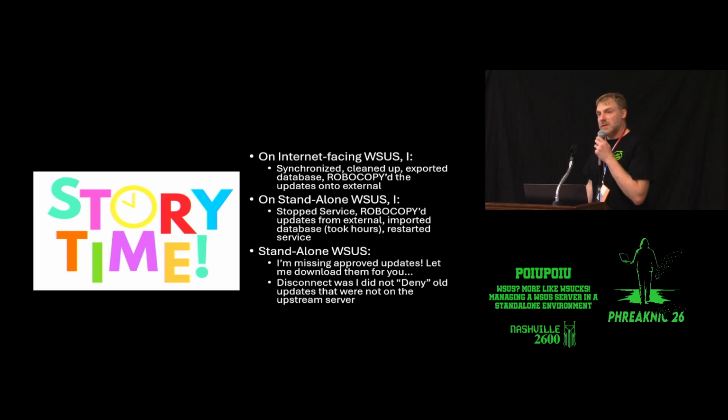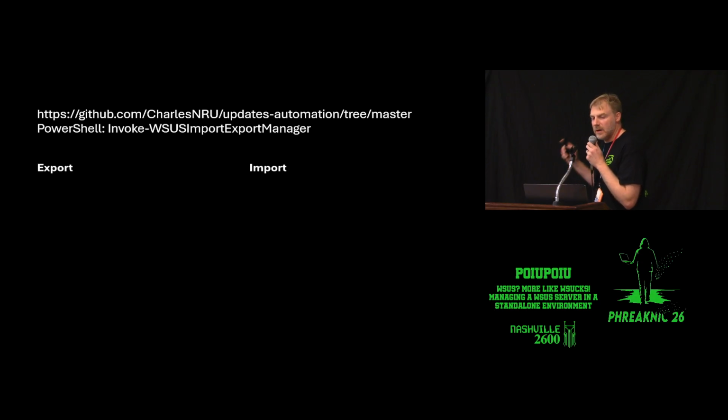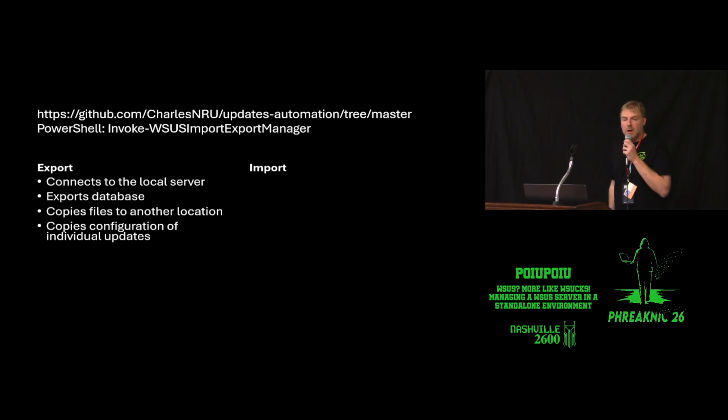I have a disconnect. Fortunately, I found this GitHub project called WSUS Import Export Manager. This is super slick because whenever you go to export, it'll actually connect to your local database on your internet-facing system, export the database, and copy the files off to another location, like an external hard drive or a network mount. It copies up configuration for the individual updates.